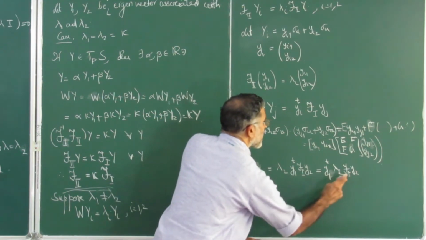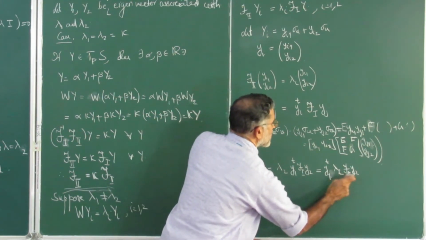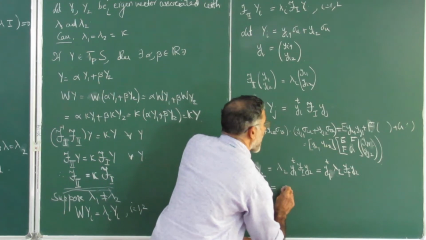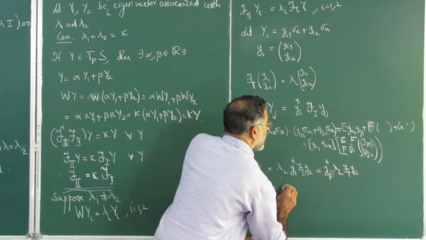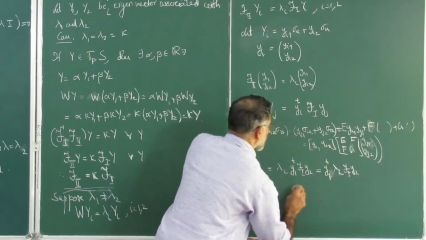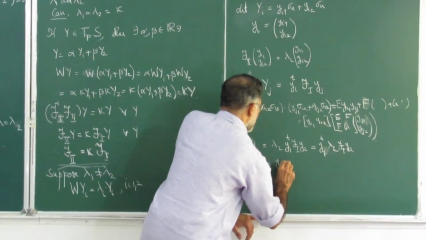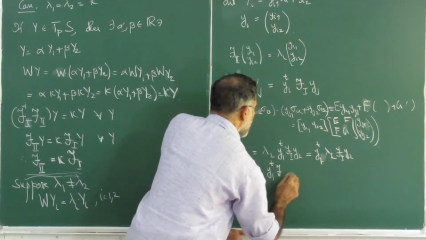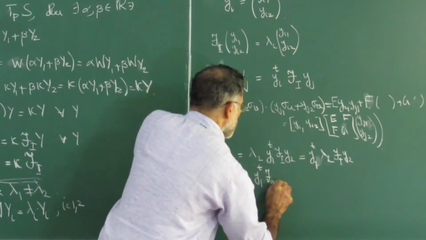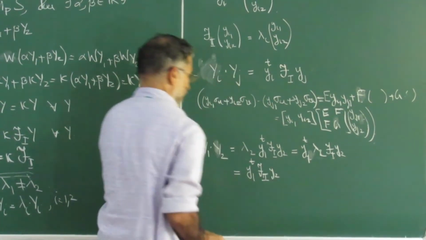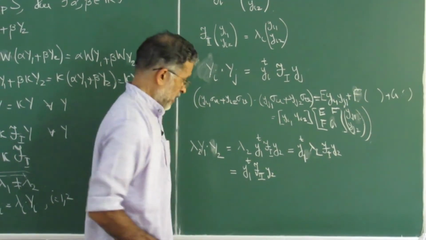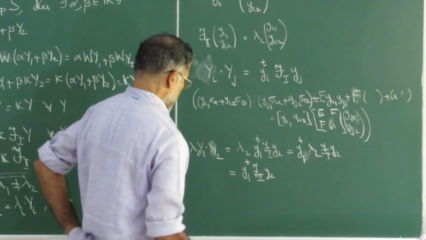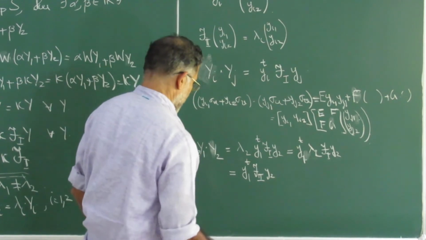So this is going to be lambda 2 F2 y2, which is the same as y1 transpose F2 y2. Okay. Now remember, this is where you should understand.